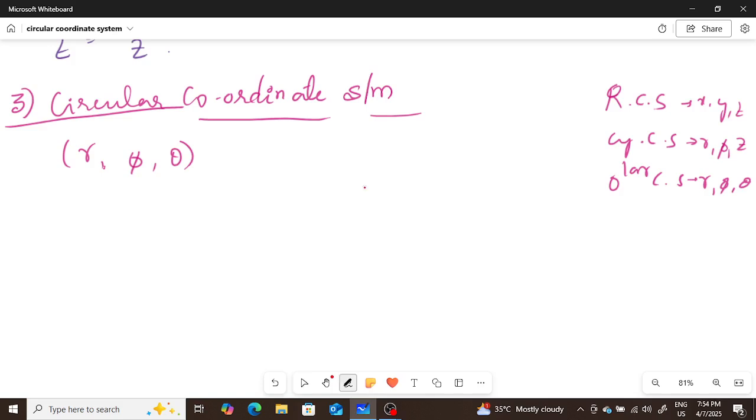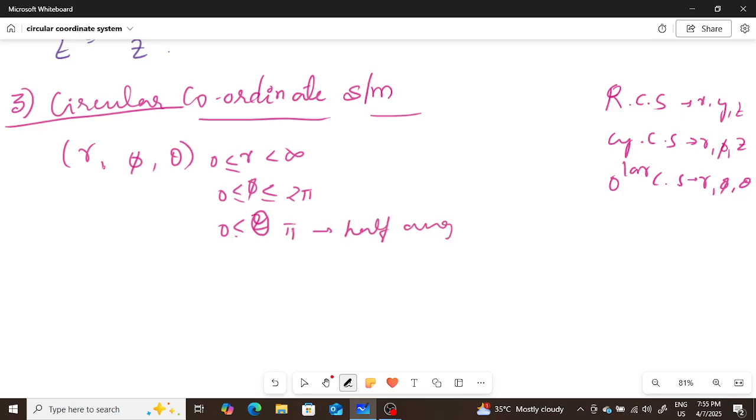There is a range for R and phi, and here the new term is theta. It is not necessary to define all the terminals here, just understand what exactly it is. R is greater than or equal to 0 and less than infinity, then phi ranges between 0 to 2 pi, and theta ranges from 0 to pi, it is a half angle.